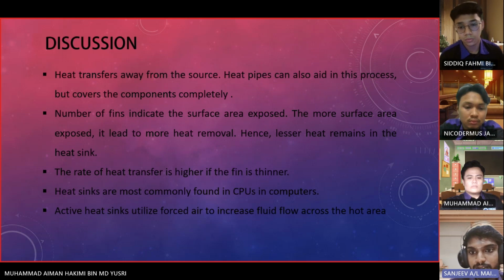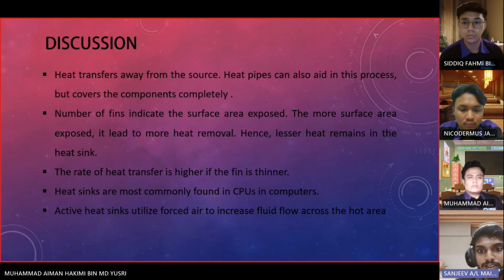For example, a Jetson Nano has a large heat sink to assist in cooling the onboard quad-core ARM A57 CPU and 128-core NVIDIA Maxwell GPU, both of which create an ample amount of heat and require exceptional cooling to prevent thermal throttling. The last one is the active heat sink.